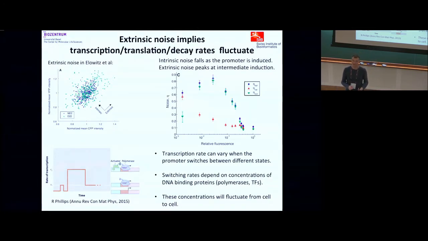And the idea is that when the activator is binding, the rate of transcription is higher than when the activator is not binding. So basically what's happening is that the promoter is stochastically switching between a state where the activator is not bound and a state where the activator is bound. And when you're in a state where the activator is bound, you're transcribing at a higher rate than when the activator is not bound.